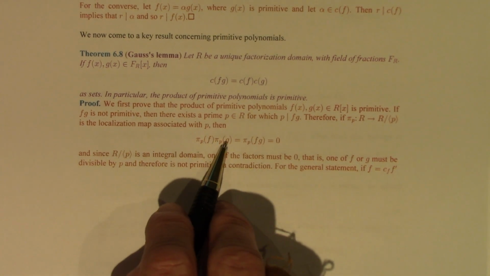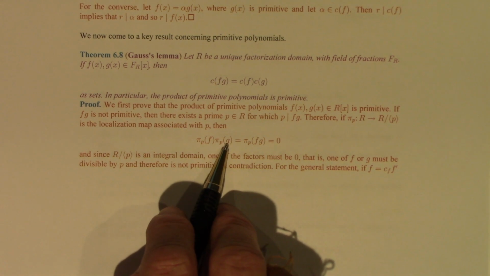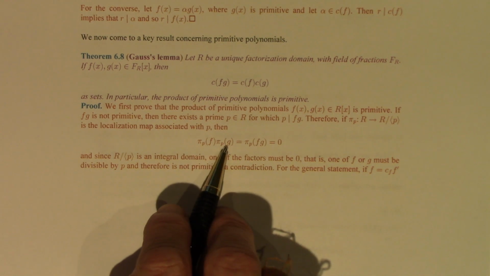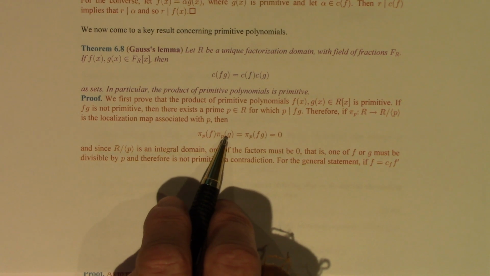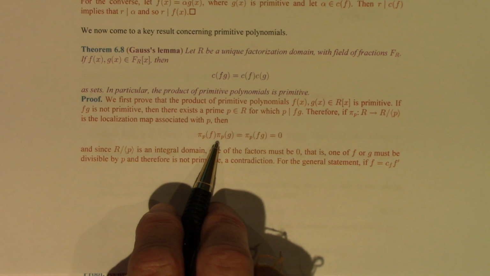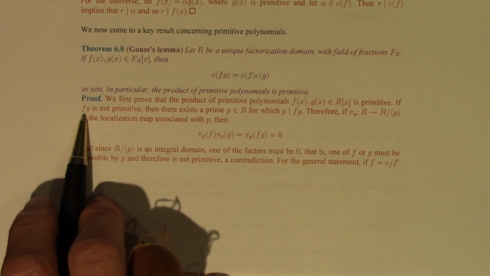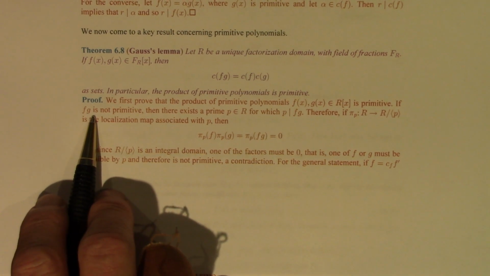Therefore, one or the other of these has to be 0. In other words, P has to divide either f or g. But we've assumed that f and g are primitive, and that is a contradiction. So the statement that fg is not primitive is contradicted. fg is primitive.